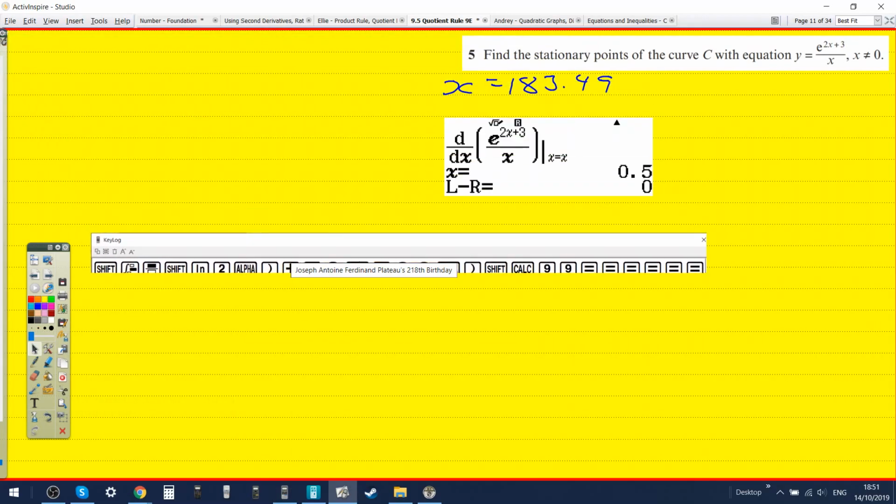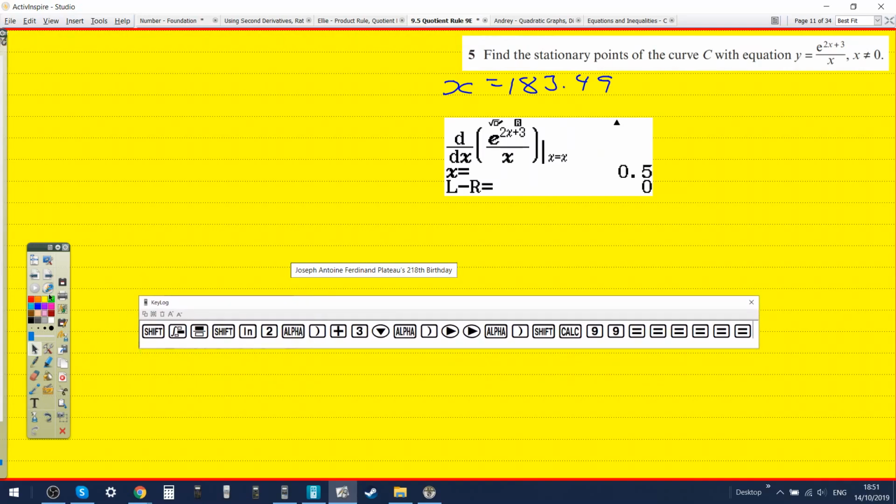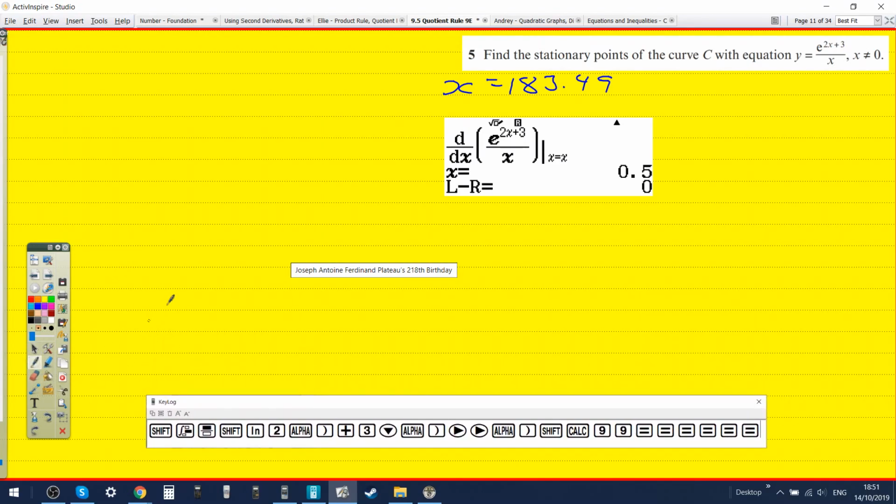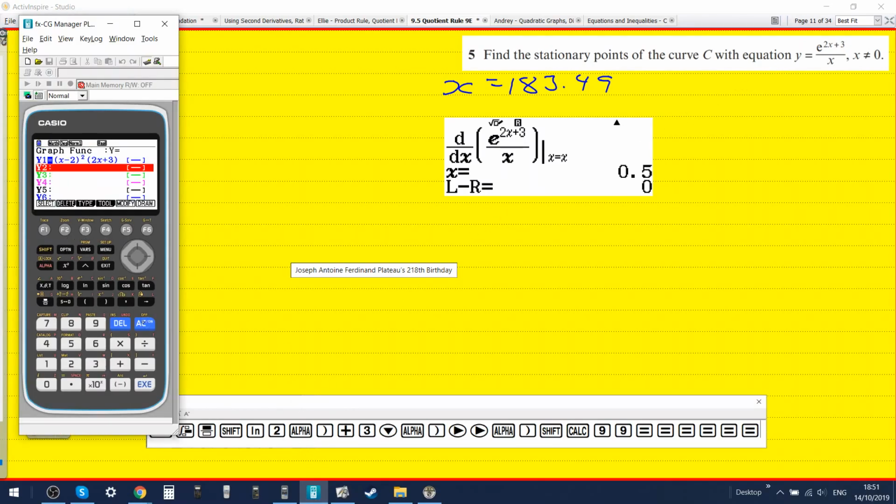Minus 4.45. Where's the E on your calculator? I see it.